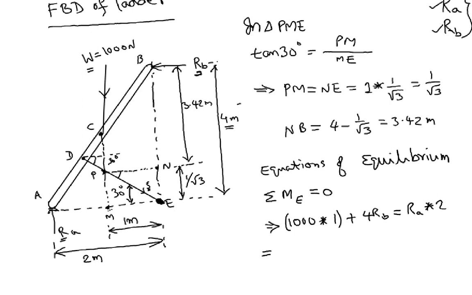So you have the equation 1000 plus 4RB is equal to 2RA. Let us call it equation 1.